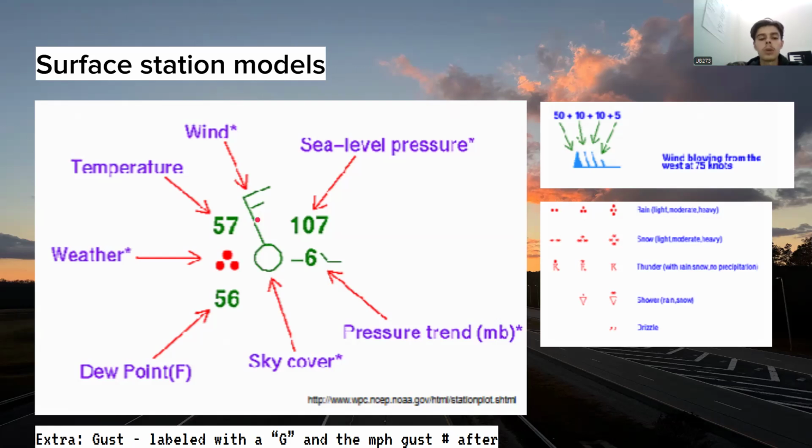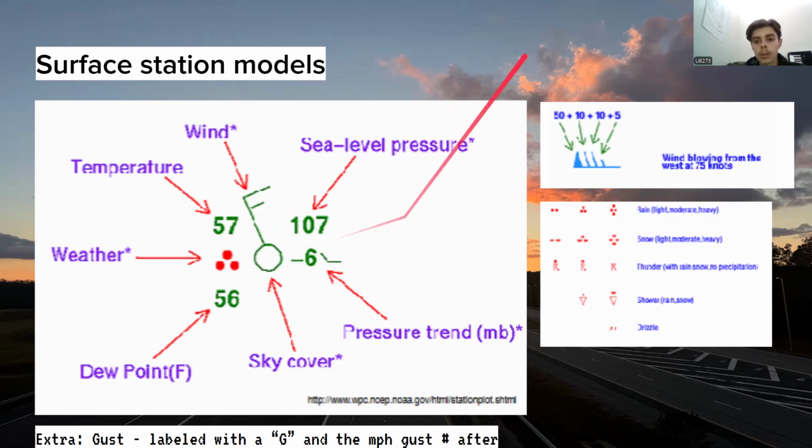Top right is going to be pressure, and just like with the height on the upper level plots or station models, it's coded. This one's a little bit more complicated. You don't put a zero on the end of it for this one. Instead, you add a 9 or a 10 at the beginning, and how you know is whatever is closest to 1013.